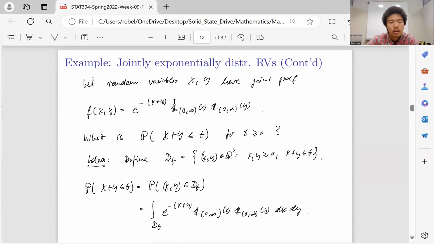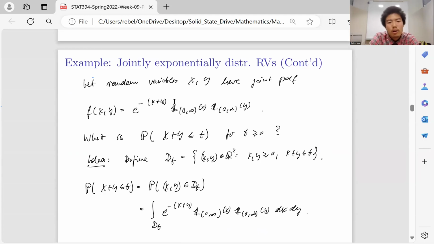And yeah, let's see another example. Another example is about the exponential distribution as a joint distribution. Okay, so we can say there are two variables x, y, which are exponential random variables. So f of x, y is equal to e to the power of minus (x plus y).